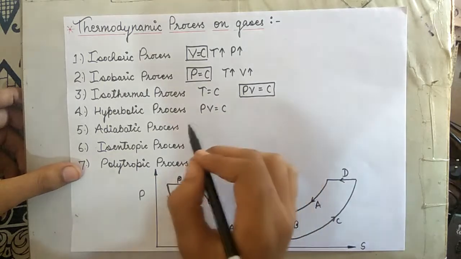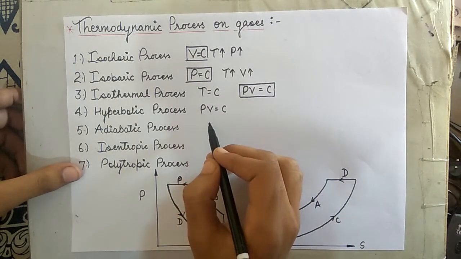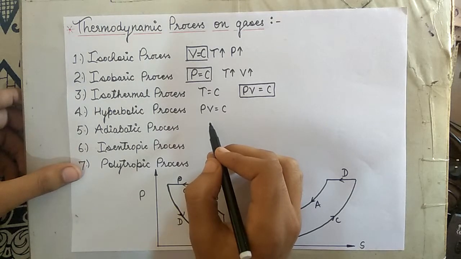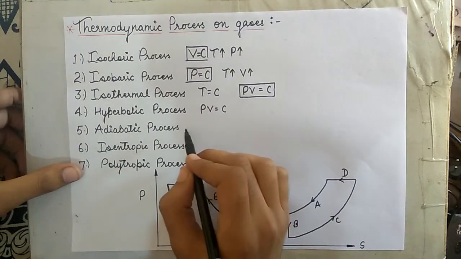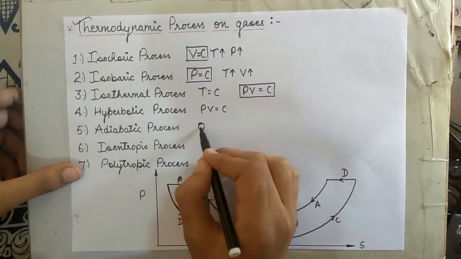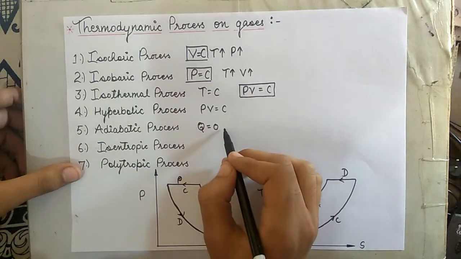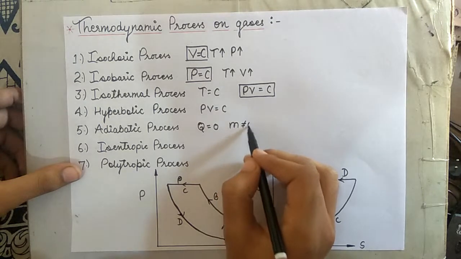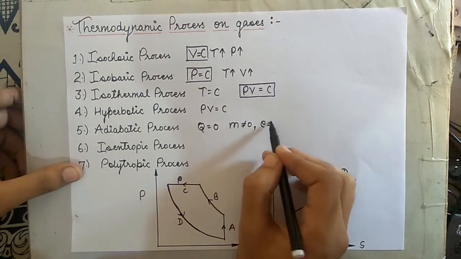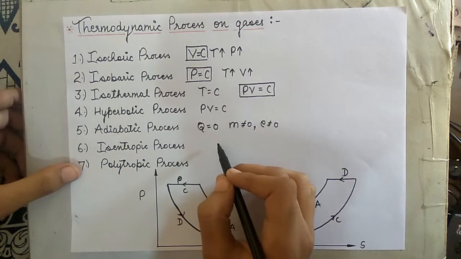Now adiabatic process. Adiabatic process is the process which does not involve heat transfer, but other energy and mass can transfer to it. So in this process, heat transfer will be zero, and mass will also transfer in this process as well as other energy. Now isentropic process.